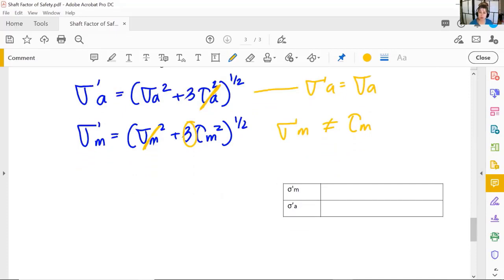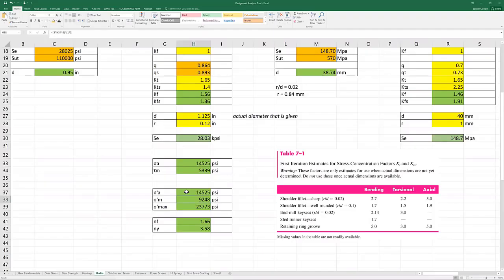So back to my analysis tool. So sigma prime A stays 14,525 psi. Sigma prime M is now 9,248 psi. To get sigma prime max, one way to do it is just to add sigma prime A and sigma prime M, which is the approach I'm taking here.